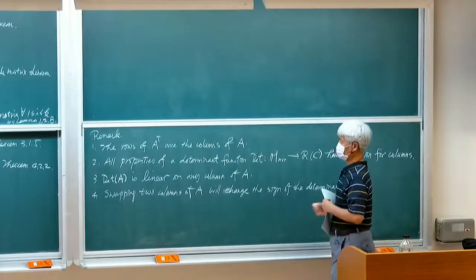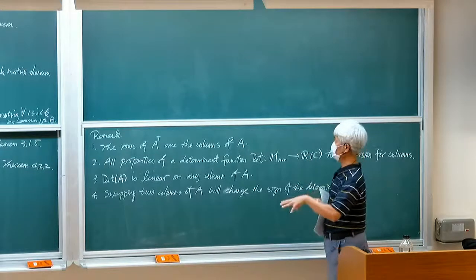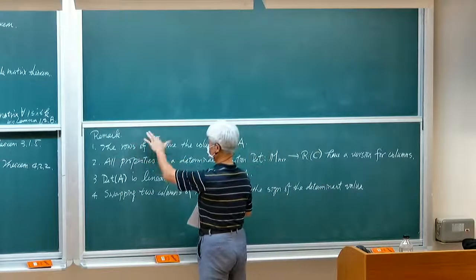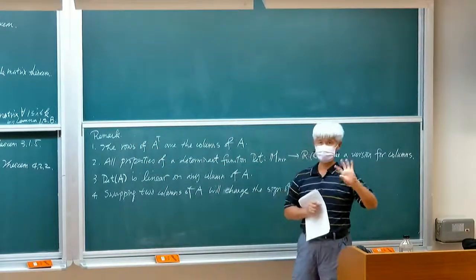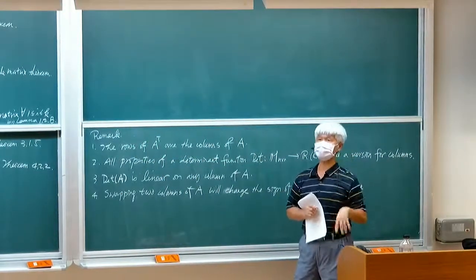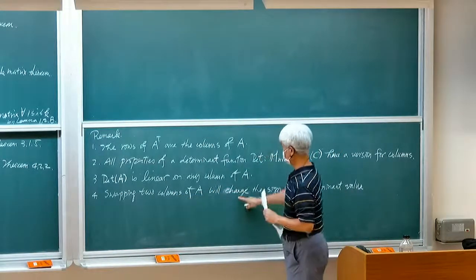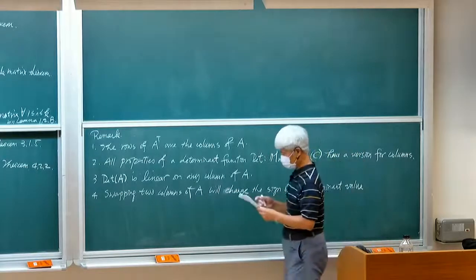Because when you swap two columns of A, it's the same as you swap two rows of A transpose. But swapping introduces a sign change. That's why when you swap two columns of A, you change the sign of the determinant value.